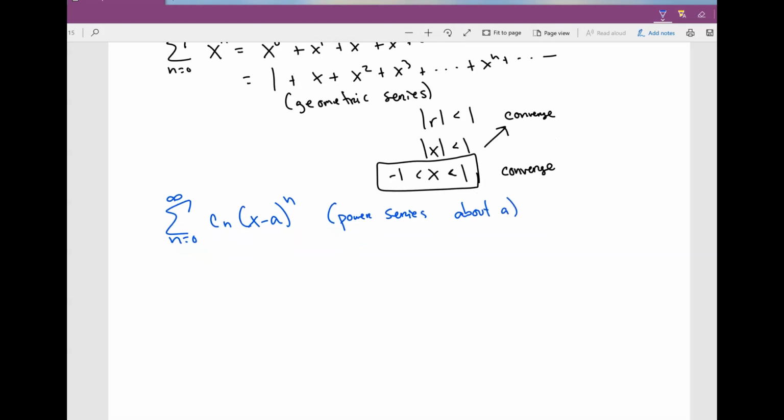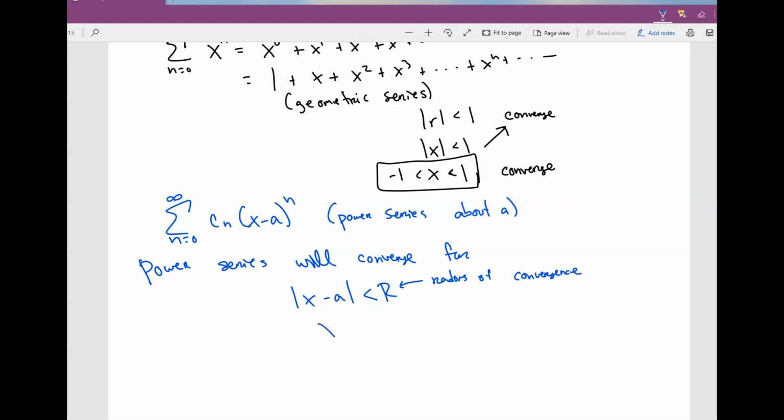Then the power series will converge for the absolute value of x minus a being less than r, where r is what we're going to call the radius of convergence.